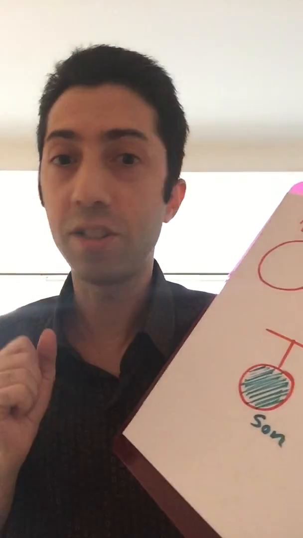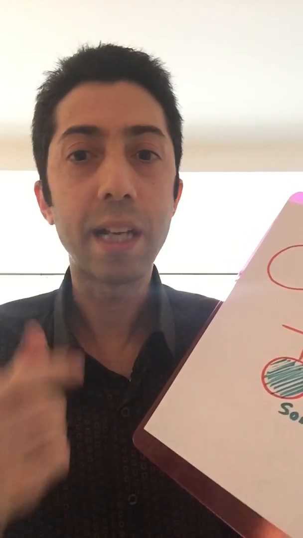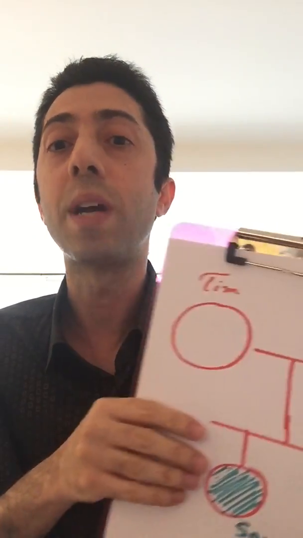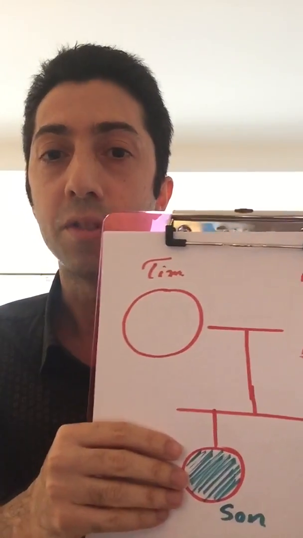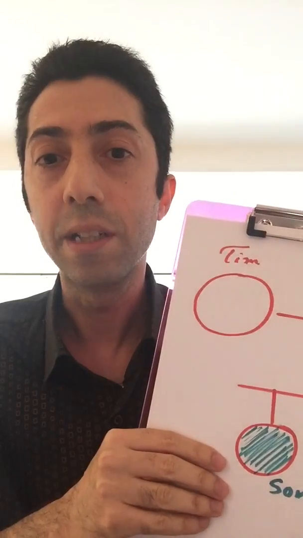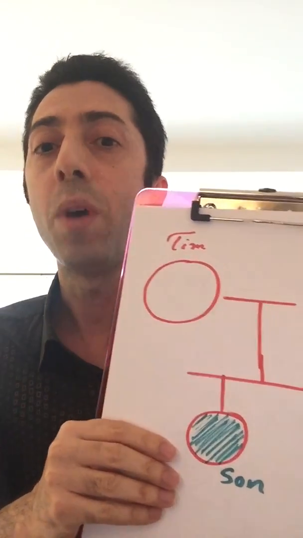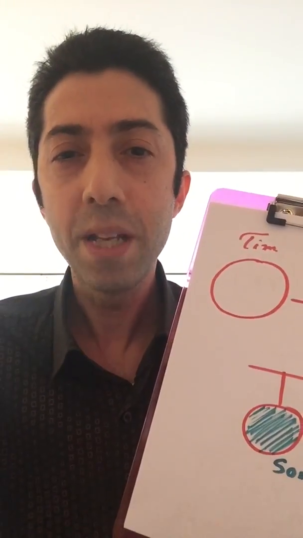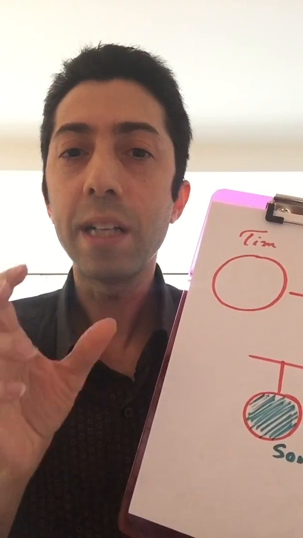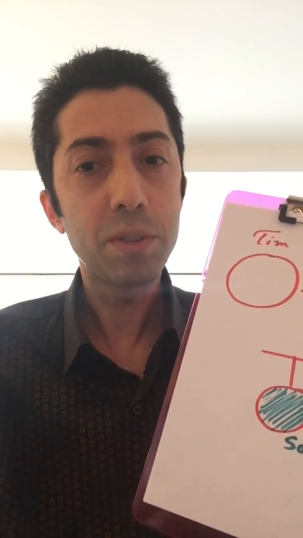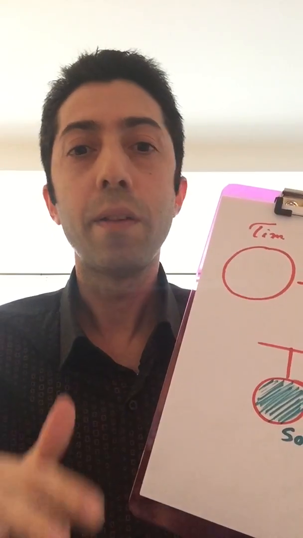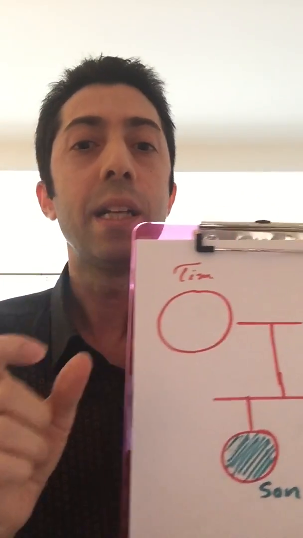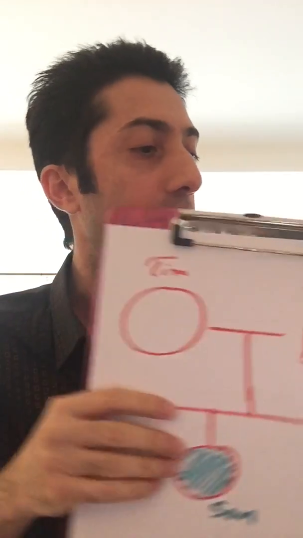But the X has a problem, where the son gets the X from the mother. So part of the puzzle is solved. Mother is the one who has the recessive gene. So mother is a carrier. What does that mean? Mother does not show the problem but is heterozygous. The phenotype will not be affected, but the genotype has one allele that is recessively affected.